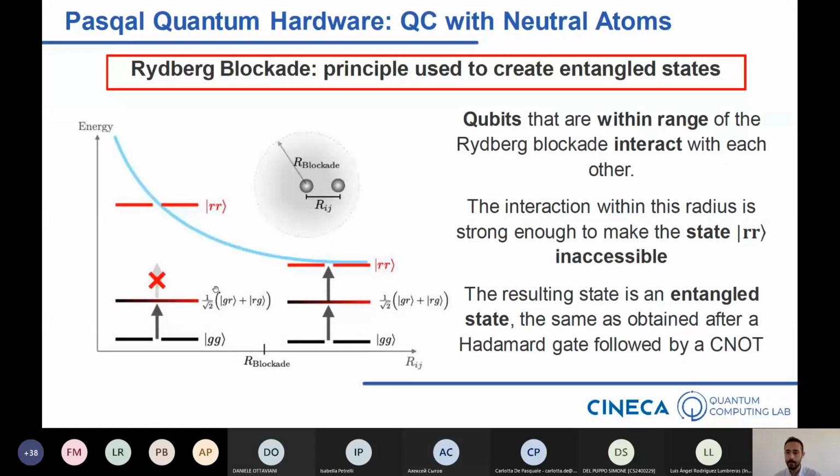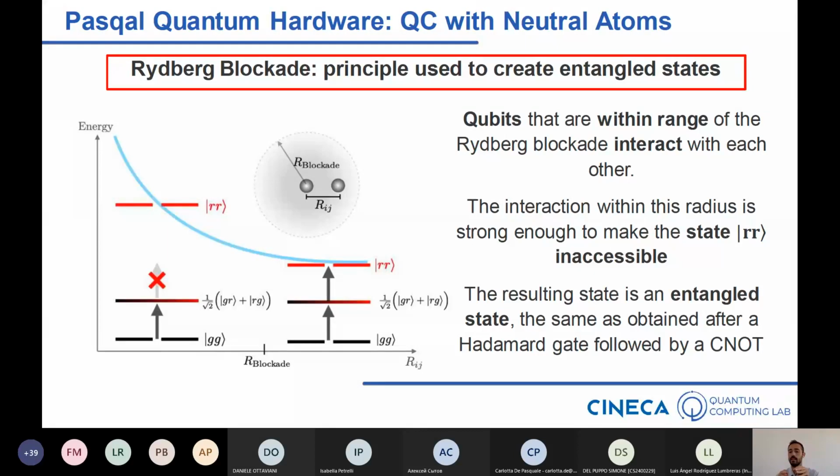That's basically the idea. This is the way you create entanglement. You can move the atoms using the optical tweezers, so you can arrange the topology you want.